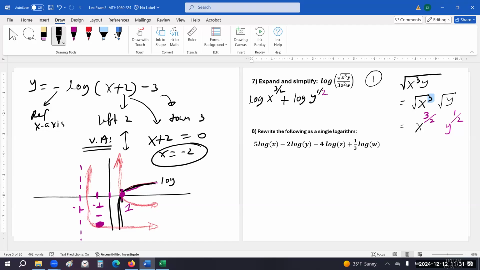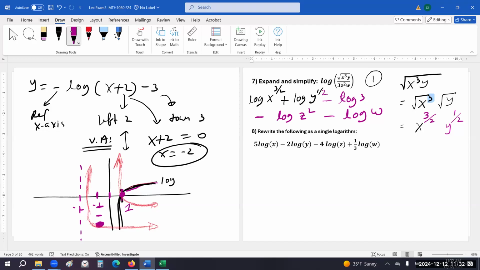I don't remember who, but at least five of you wrote the first one negative and the rest were positive. No, everything gets a negative sign. Negative log 3, negative log z squared, negative log w. Everything gets negative on the denominator.